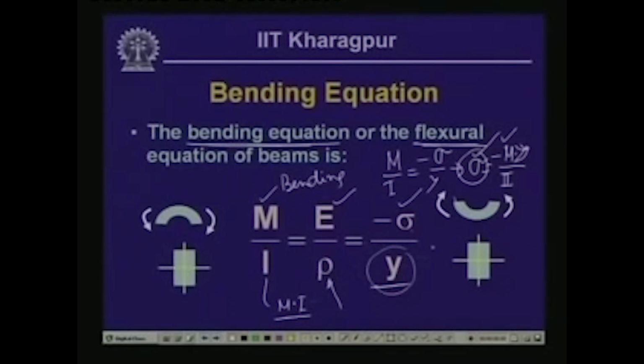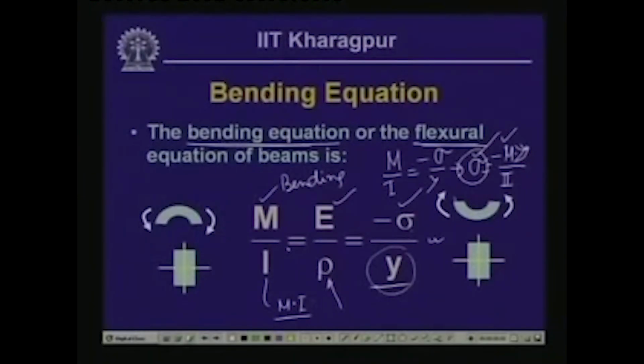Now, if you look into this particular equation, it has a similarity with the equation which we had derived when a bar was subjected to a twisting moment, where the twisting moment was T and T by J equals tau by rho equals G theta by L. Tau was the shear stress, which corresponds to the sigma here when we are talking about bending.